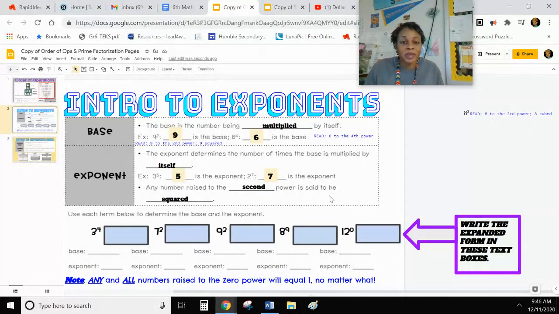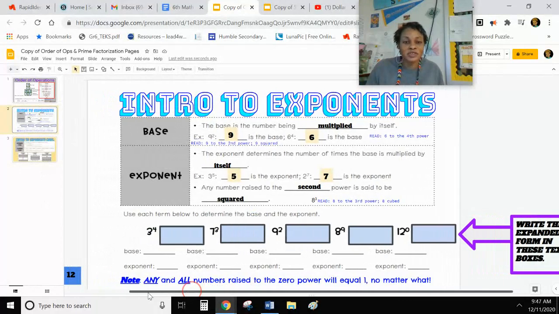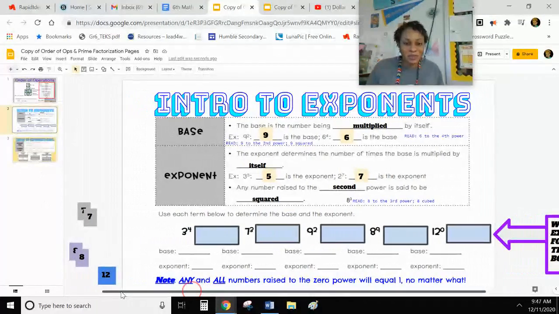If we have something raised to the third power, it is also read differently. So if we had 8 raised to the third power, it is also known as 8 cubed, because we would have length of 8, width of 8, and then a height of 8. So we would have 3 dimensions, so it would be cubed. So anytime something's raised to the second power, it's squared. Anytime it's raised to the third power, it's cubed, okay? So just some interesting tidbits to know about exponents.